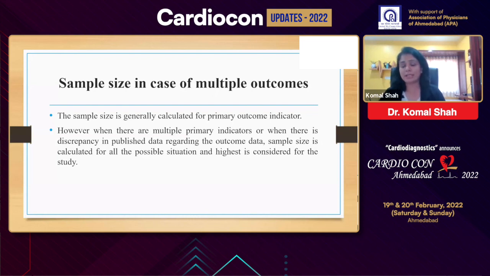You need to calculate the sample size for all of these outcomes in all situations. Even if your primary outcome has two indicators, you need to calculate the sample size for all of them and take up the sample size which is highest. Choosing the highest sample size gives you an assurance that all of your significant outcomes will be covered with that sample size. So this is how you go ahead with sample size calculation when you have multiple outcomes to consider.